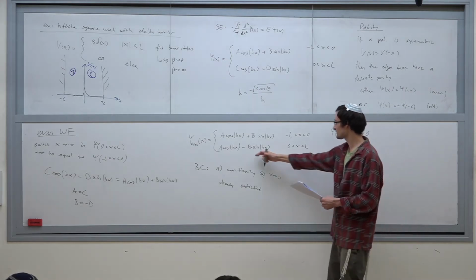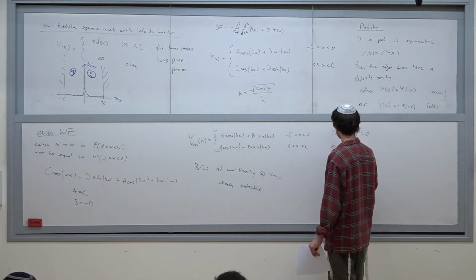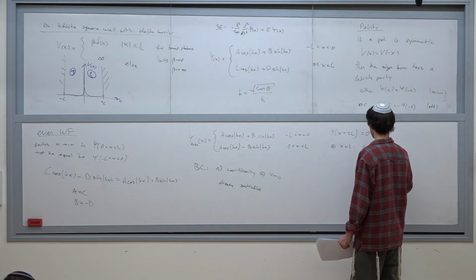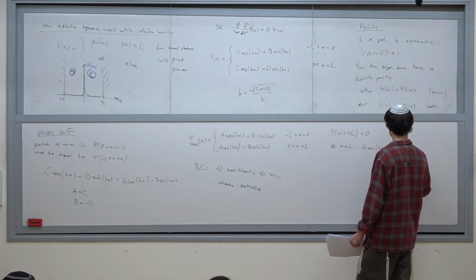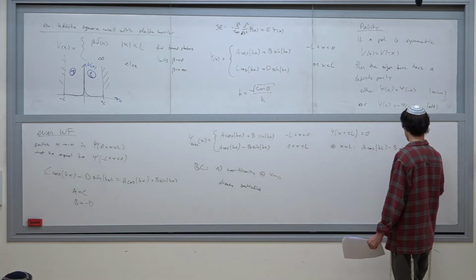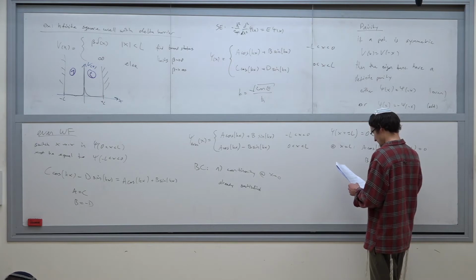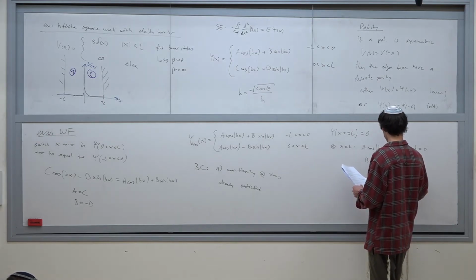For positive L, so at x equals L, we get A cosine KL minus B sine KL equals 0. So we find that B equals A times the cotangent of KL.